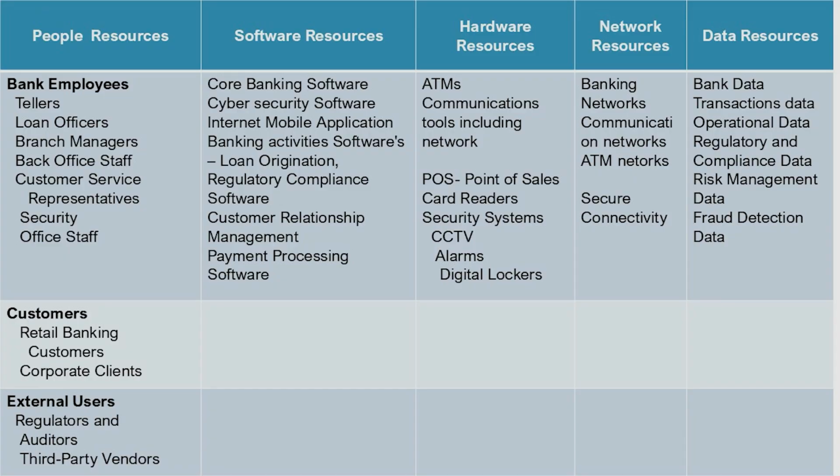Take a look at the table and understand that network resources also include data centers, communication systems, wireless networks, and something we did not discuss till now, like a disaster recovery and backup system, which is very important for all information systems. And on data resources, we have risk management data and fraud detection and prevention data, which is very important to ensure security in the banking transactions.